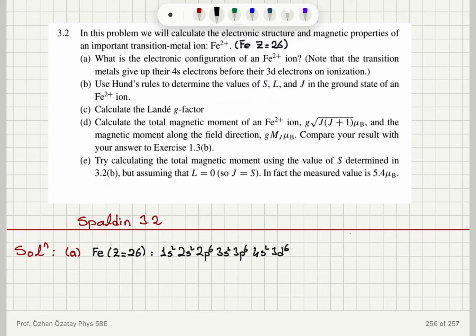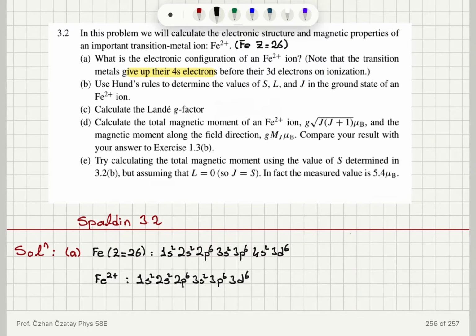And if I have the iron ionized, iron 2+, so now I have 24 electrons. Because it's mentioned here that the 4s electrons are given up first, for iron 2+, I will have 1s2, 2s2, 2p6, 3s2, 3p6, and 3d6.